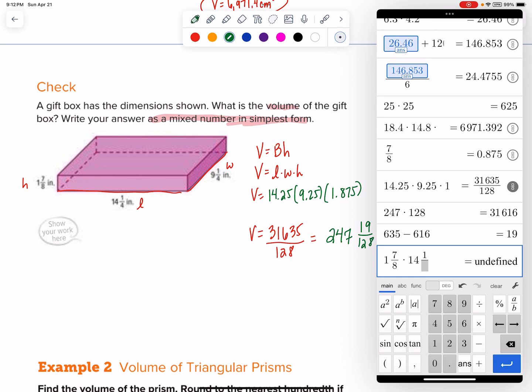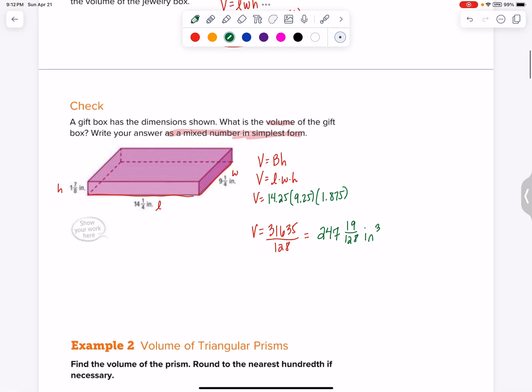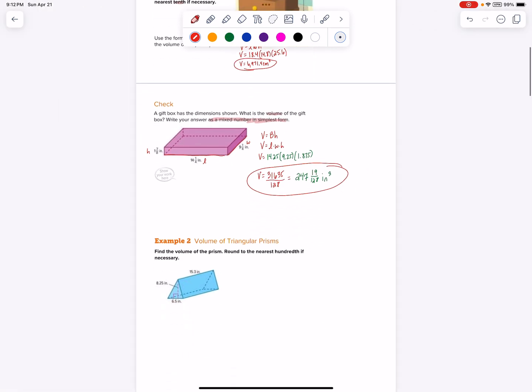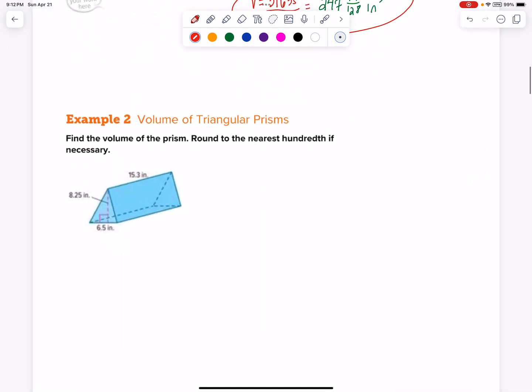Oops, mistyped that. Times 9 and 1/4. And it does give us that same kind of decimal that you'd have to change. So it doesn't really matter which way you do it. We're left with some weird stuff either way. All right, let's go ahead and move on to triangles now.